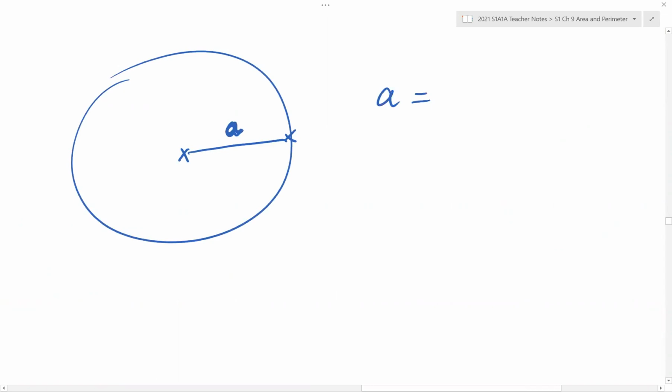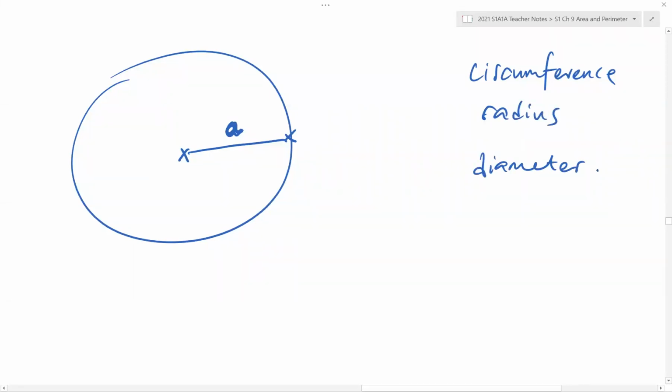You have 3 new words that you learned today, right? We've got our circumference, radius, and diameter. Okay, so A over here, which one is it? Circumference, radius, or diameter? Radius, very good. So this is our A equals to our radius.